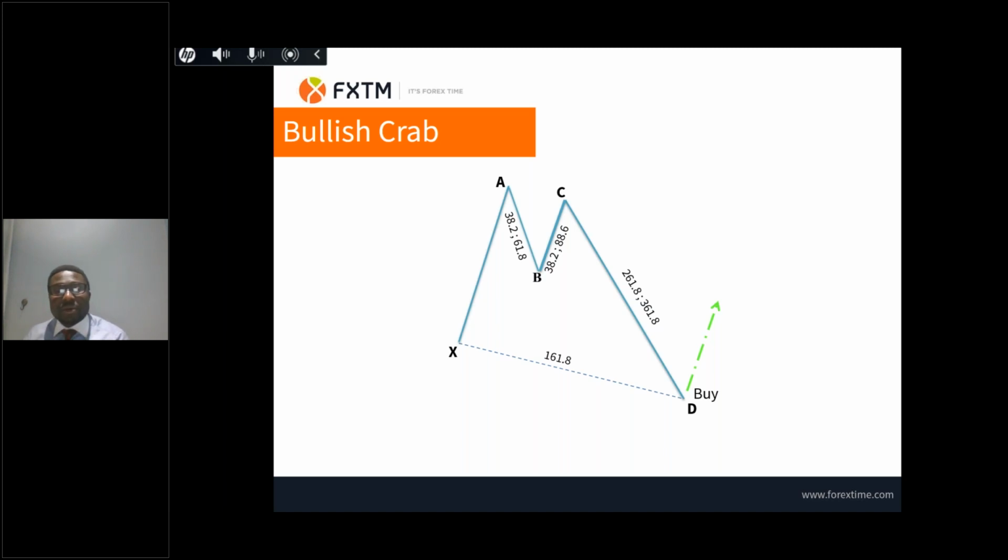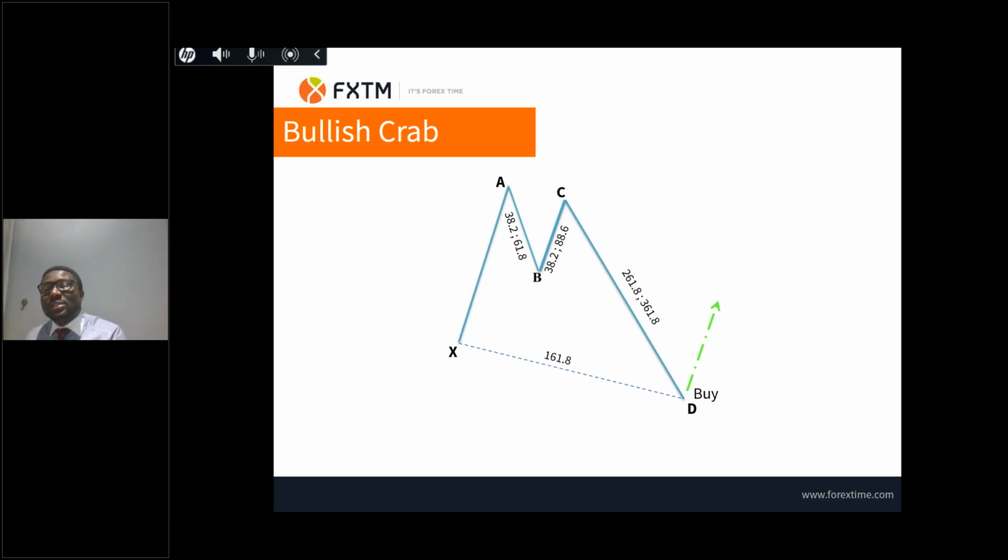The BC is a 38.2 to 88.6 retracement of AB. Then the CD is an extension. You can see CD is an extension because it is greater than 100 of BC.